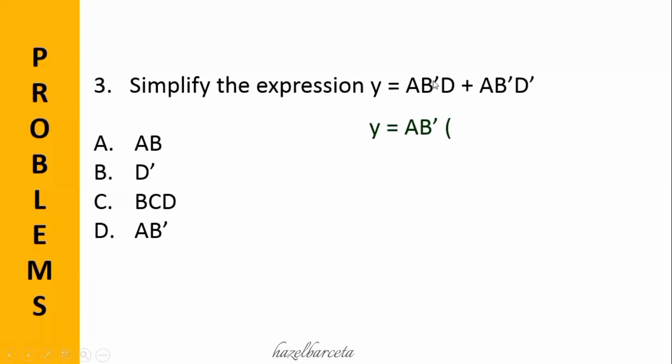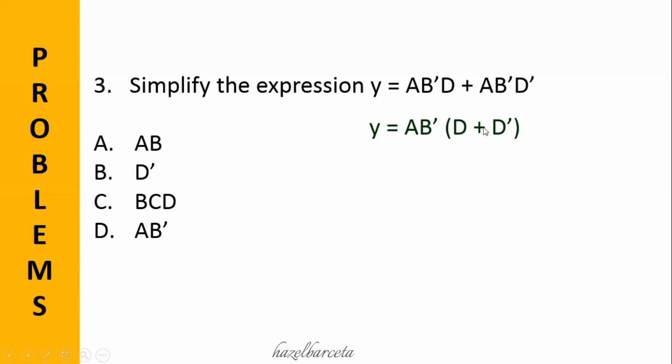Okay. Wala naman ang ating negation dito. Wala naman po tayong mai-apply na rule. Kaya, ang gagawin po natin ay factored out na lang po natin ang common. So, AB prime at ang natira po ay D at D prime. So, D plus D prime. Remember that we have a law.